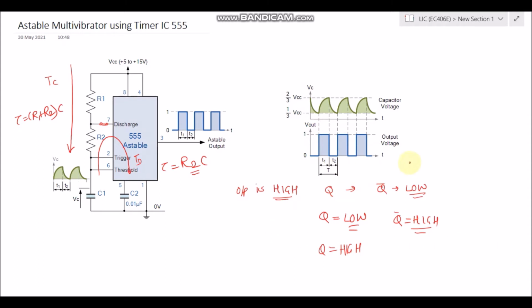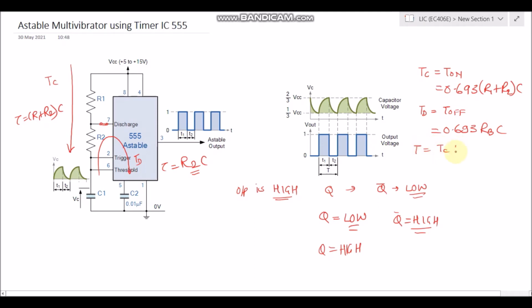Now here, if you can observe, there is a charging time and there is a discharging time. We have already seen in the derivation that the charging time, or on time, comes out to be 0.693 (R1 plus R2) C, and the discharging time, or off time, comes out to be 0.693 R2 C. The total time period T is TC plus TD, which comes out to be 0.693 (R1 plus 2 times R2) into C. And when we take the reciprocal of this, we get the frequency.